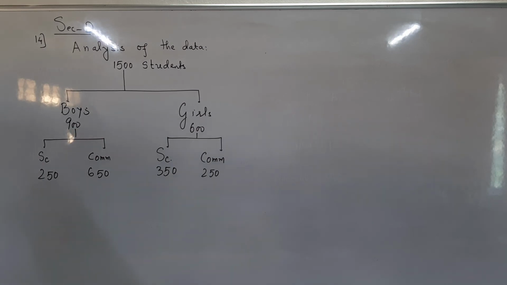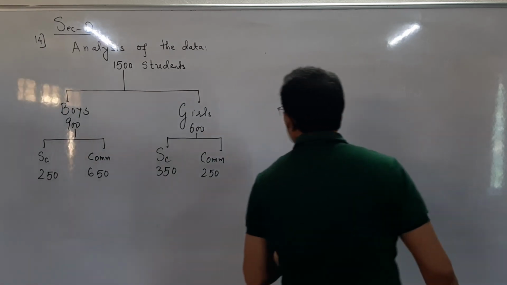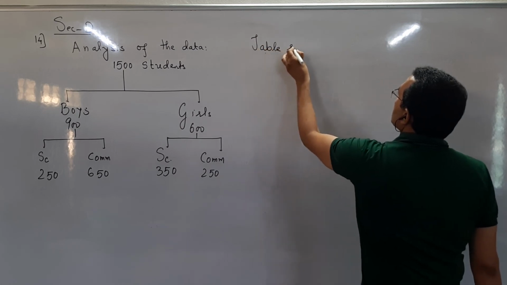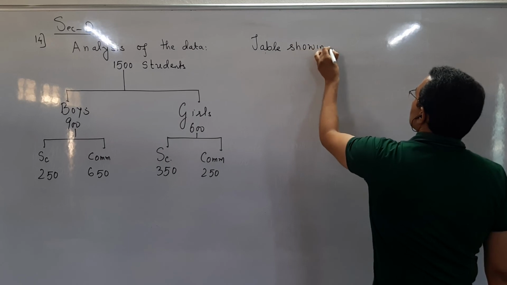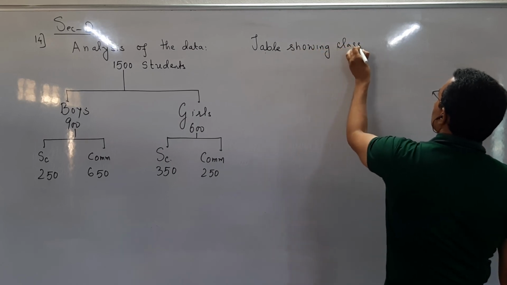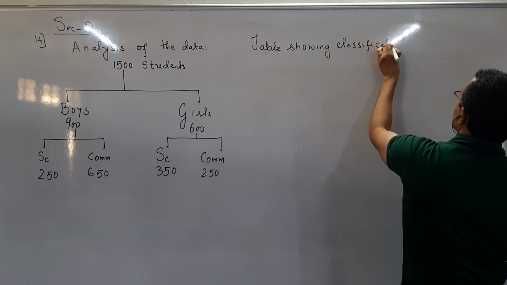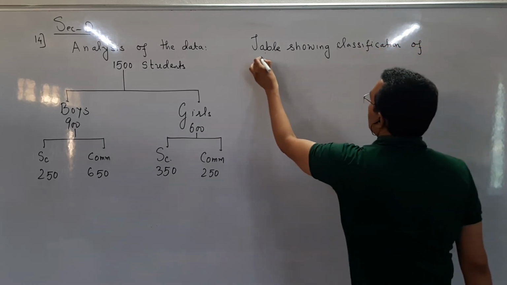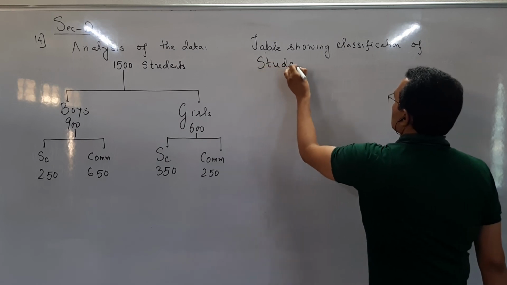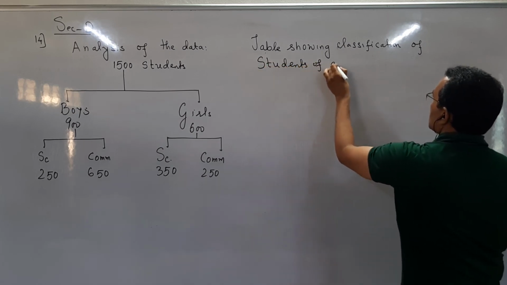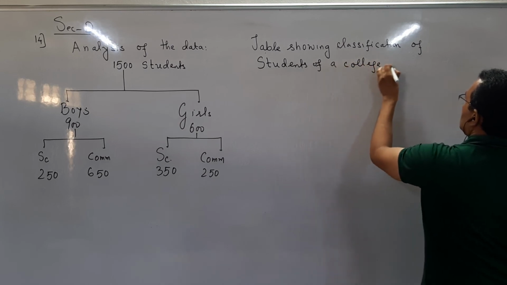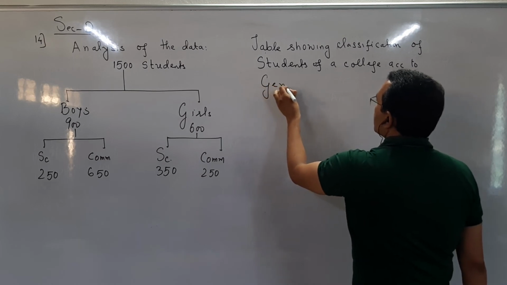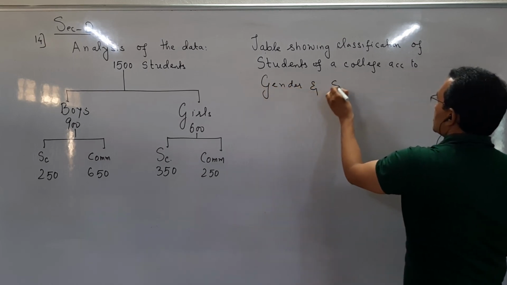You can easily tabulate: table showing classification of students of a college according to their gender and stream.